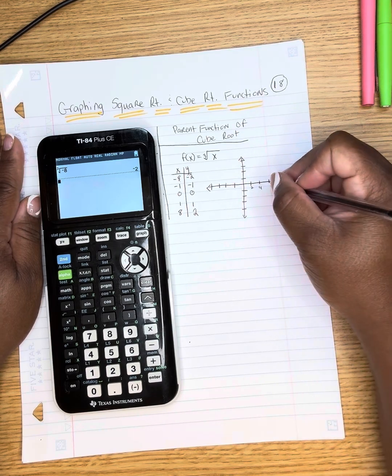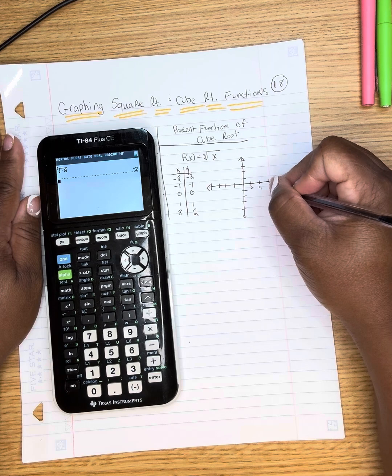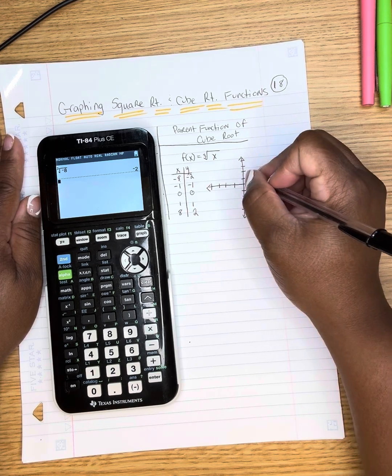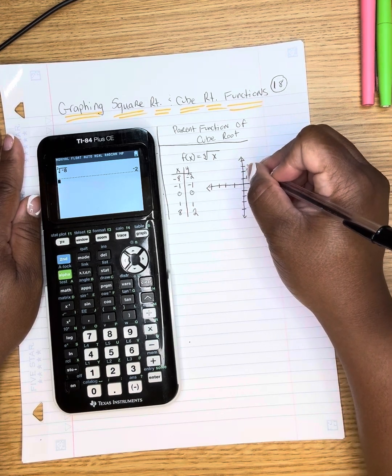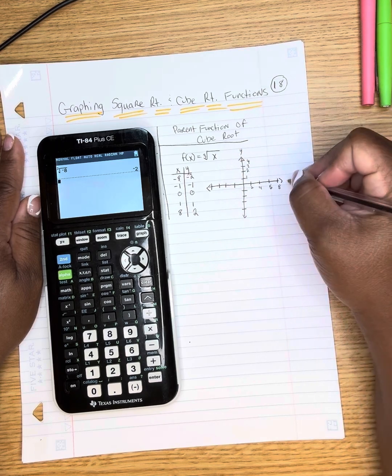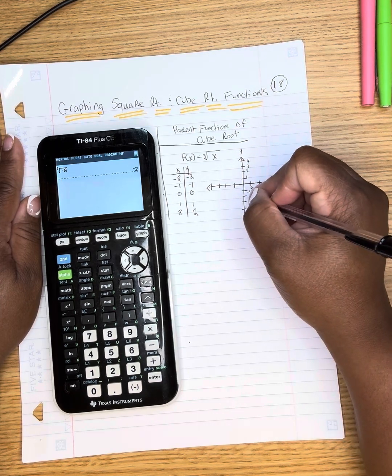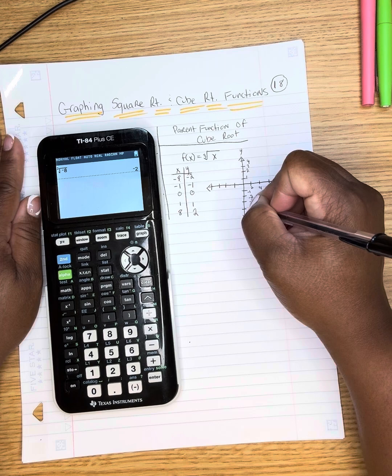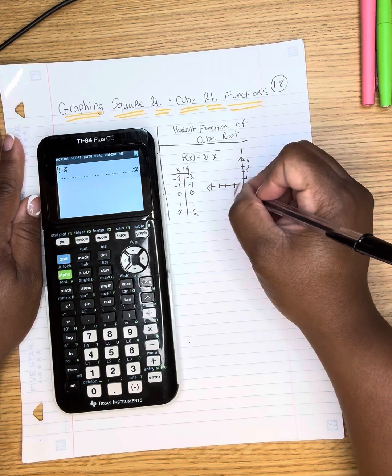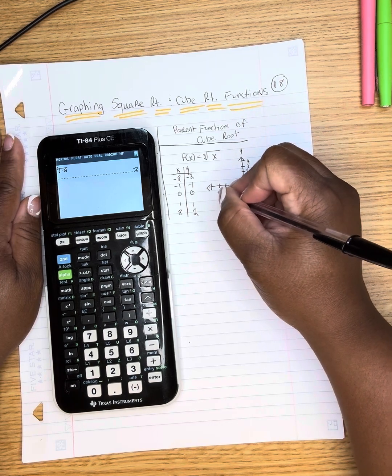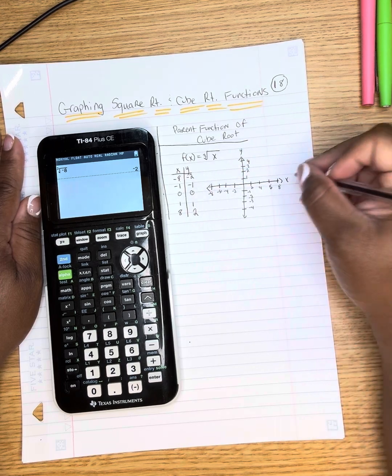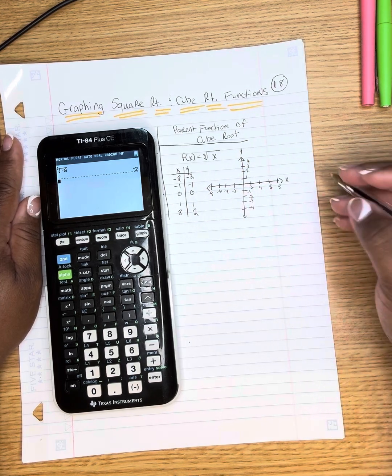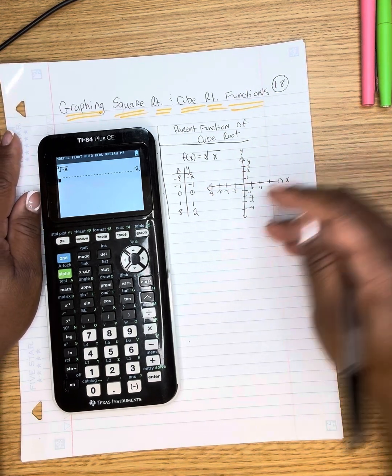We're counting by 2s on the x-axis and we're counting by 1s on the y-axis. So it's our x-axis and our y-axis.